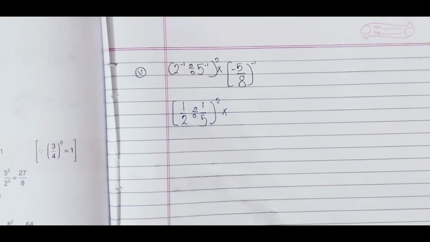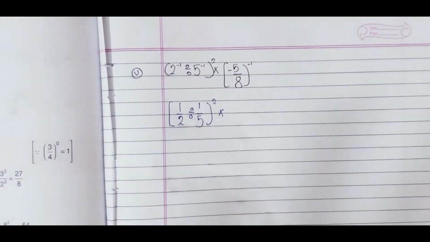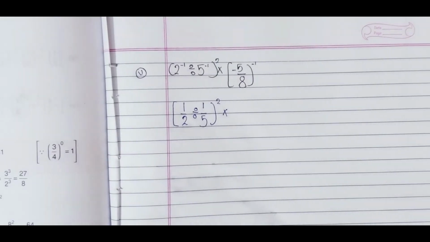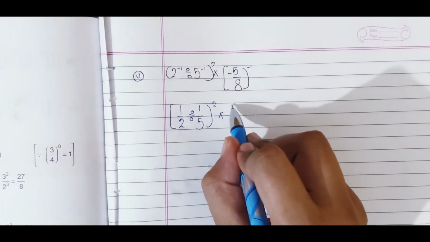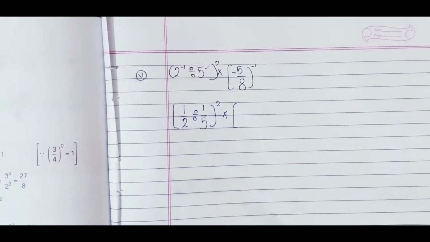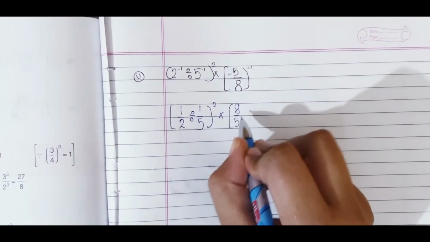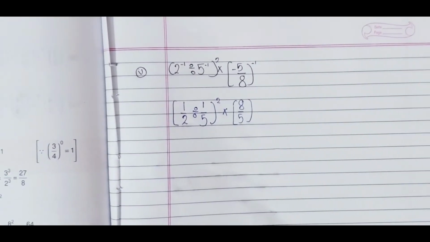So if you get the power in negative, you have to make the power positive, and for this you have to reciprocal the numbers. So 5 by 8 reciprocal is 8 by 5. And if the power is 1, there is no need to write 1.